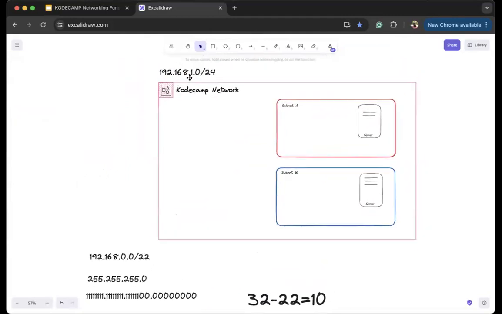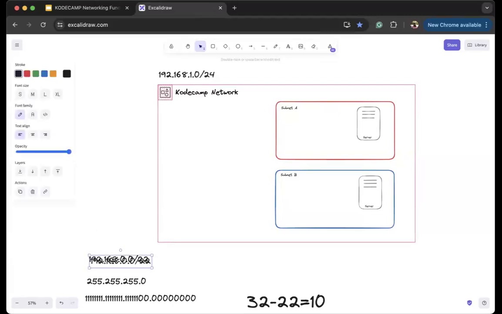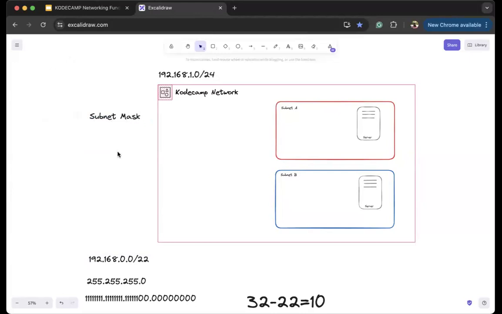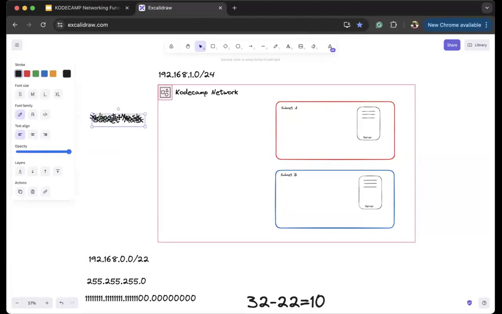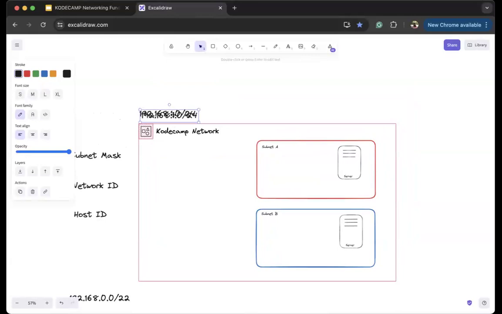Now, as you're looking at it, there's a subnet mask which tells you what portion of your IP is your network ID, telling you that this IP is directing you to this particular network, and your host ID, which tells you, in this network, this particular host.